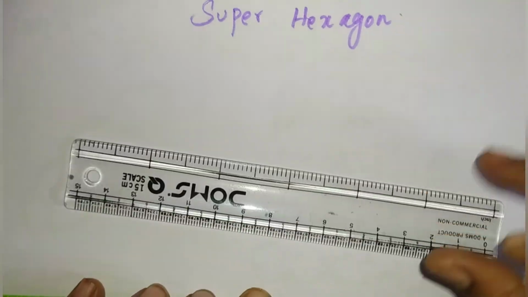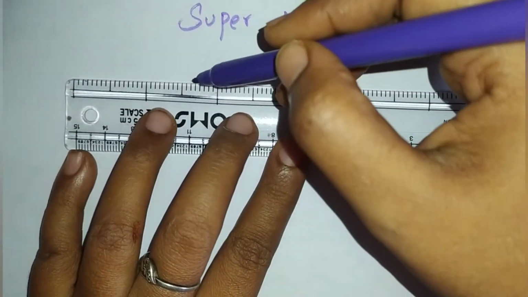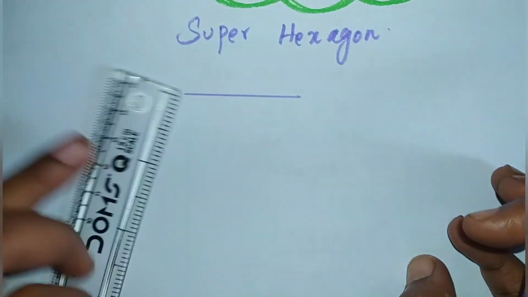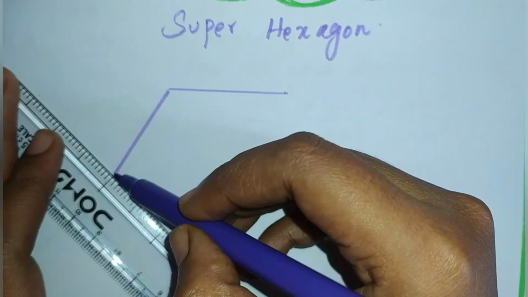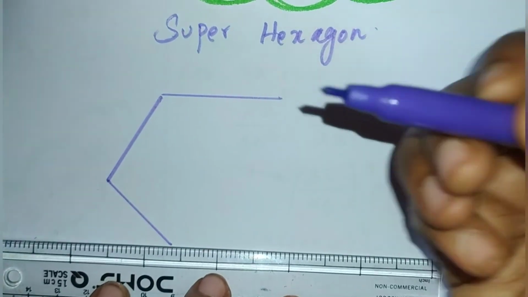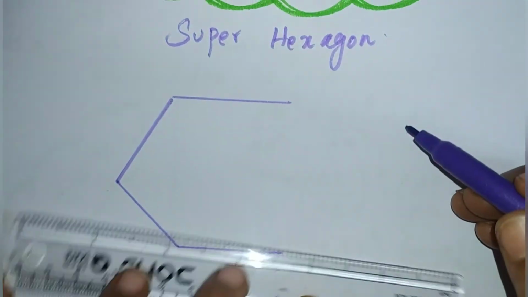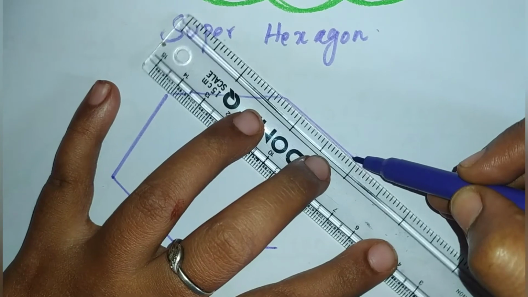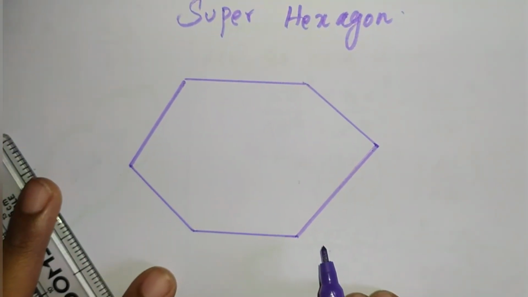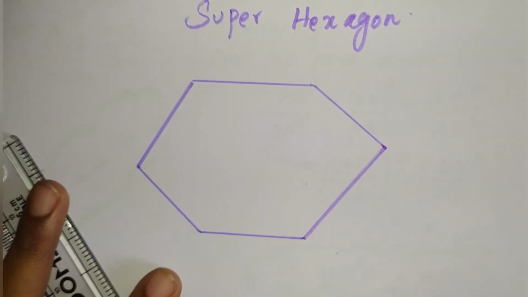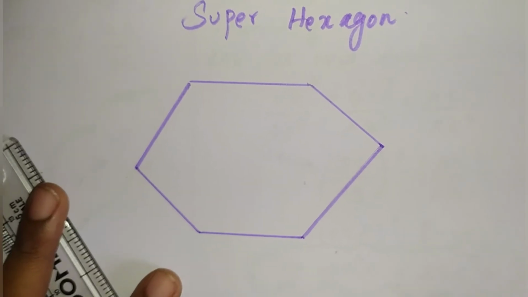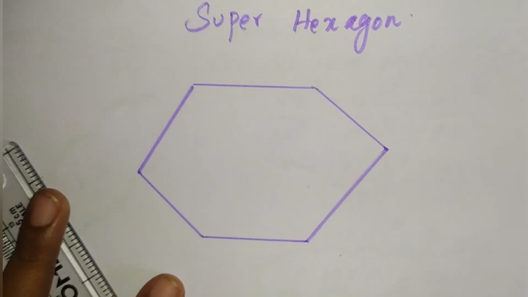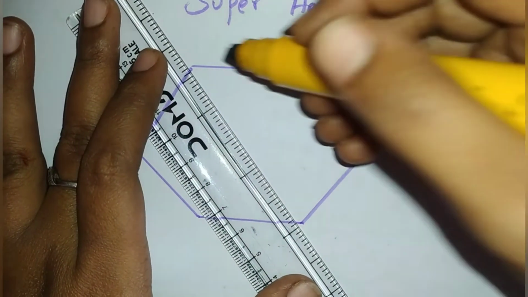Hexagon, how many sides and how many vertices will be there for a hexagon? 6 sides and 6 vertices. So how many trigonometric ratios we have? We have 6 trigonometric ratios. Now I'm going to join the diagonals.